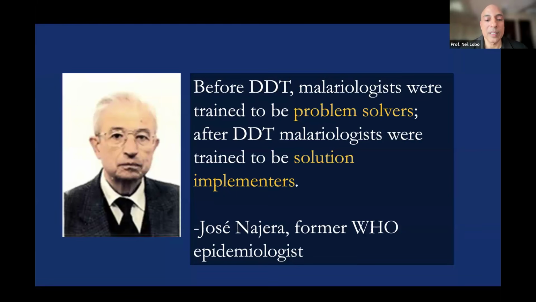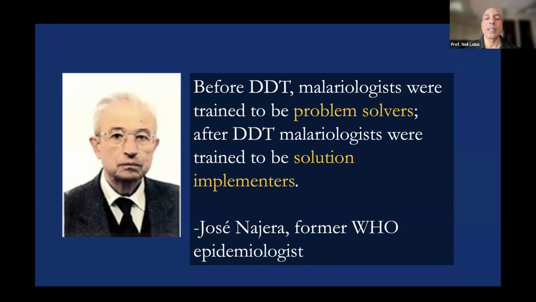And this is an important slide to me, one of the most important slides. Jose Najera, I hope I pronounced his name right, said that before DDT, malariologists were trained to be problem solvers. And after DDT, malariologists were trained to be solution implementers.